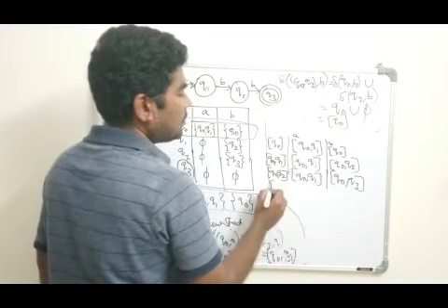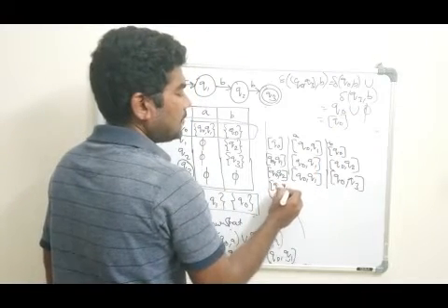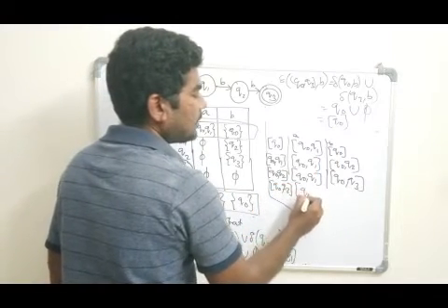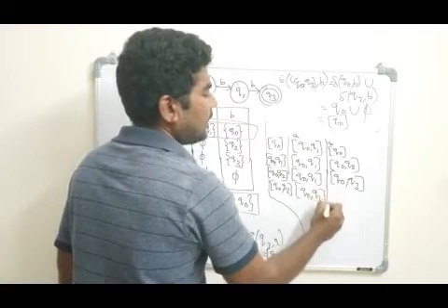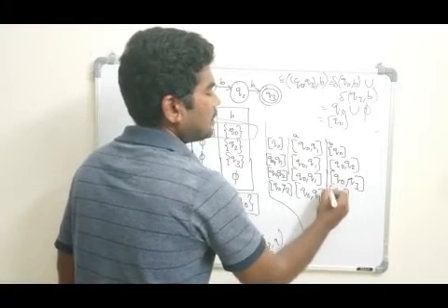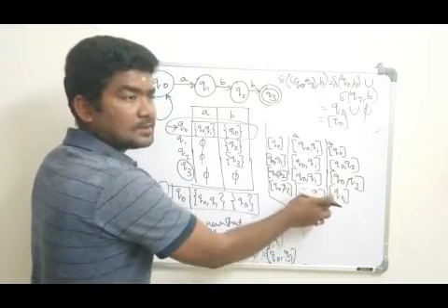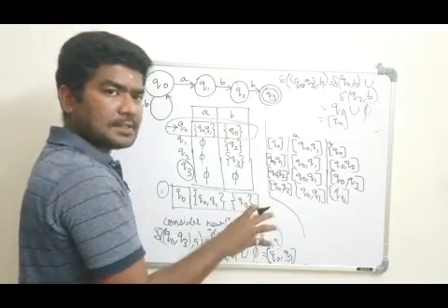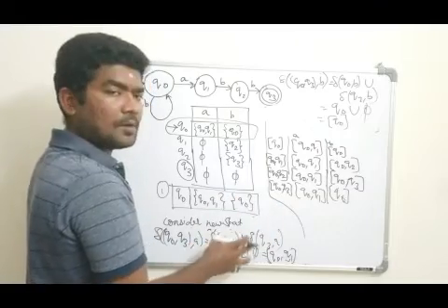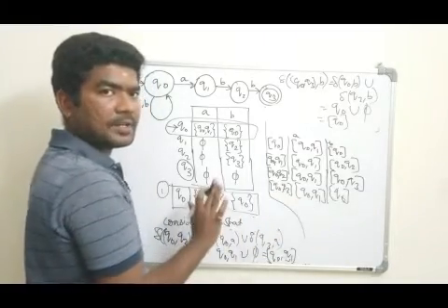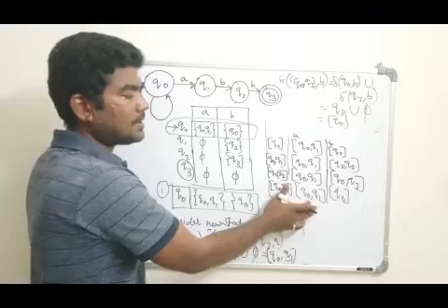So now for q0 q3 we are getting q0 q1 and q0. Now we have reached an already existing state. Once we get the same existing state while doing these operations, you need to stop. Then you have reached your destination.